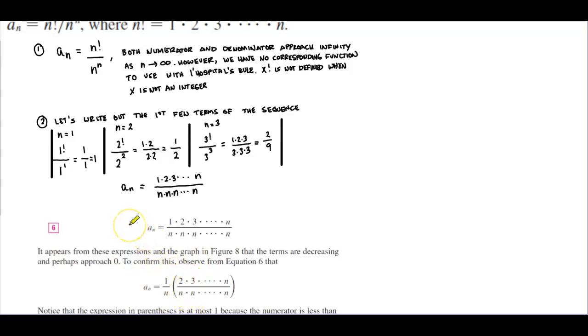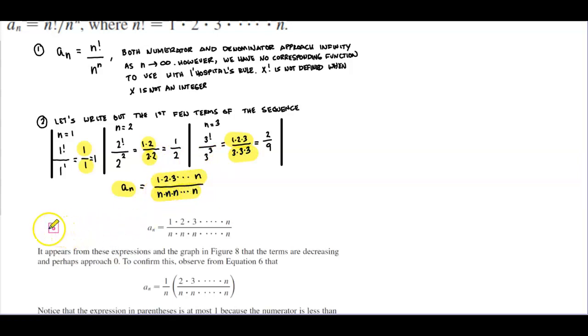Now, if you take a look at this sequence here, take a look at the numerator. So we have 1 for the first one, then it goes 1 times 2 for the numerator when n is equal to 2, and then it's 1 times 2 times 3. So we can see that part of this formula in the numerator goes from 1 times 2 times 3 all the way to the value of n. And then in the denominator, we have 1 to the 1 power, then 2 to the second power, 3 to the third power, so that means we have n times n times n all the way to n.